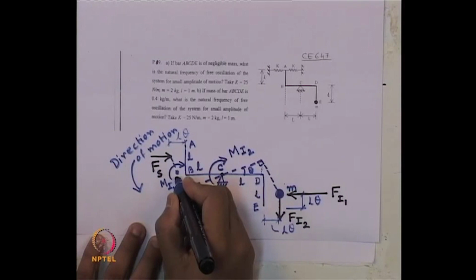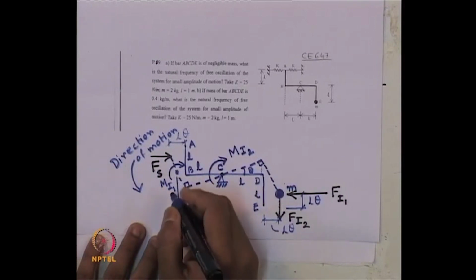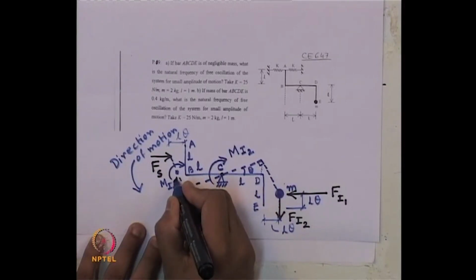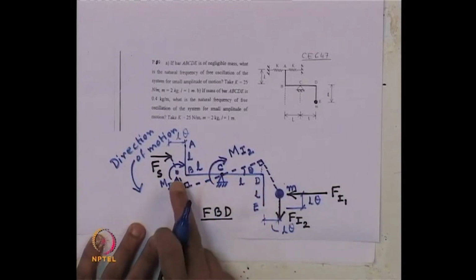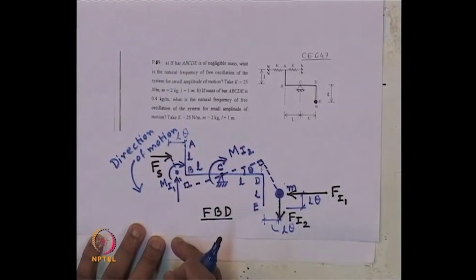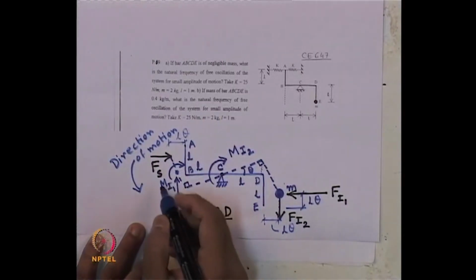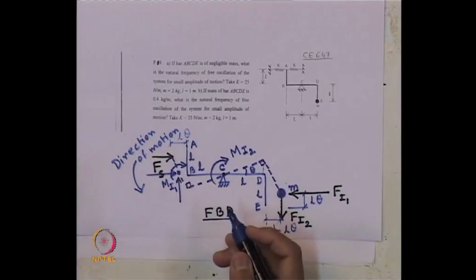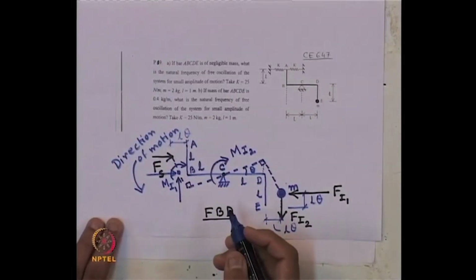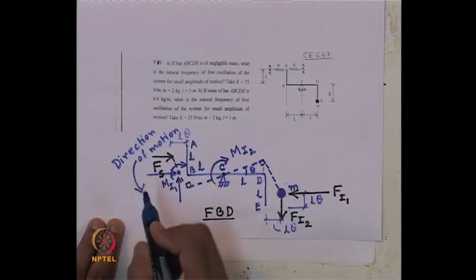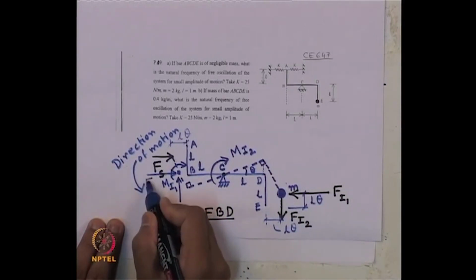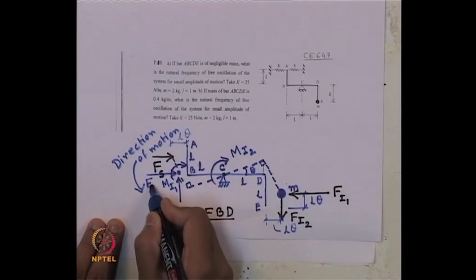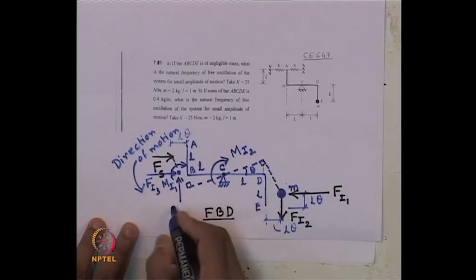Now we will have a vertical inertia force acting vertically upward, because this point has moved down, and a horizontal inertia force in this direction, both trying to bring it back to its original position. Let us denote these as F I 3 and F I 4.